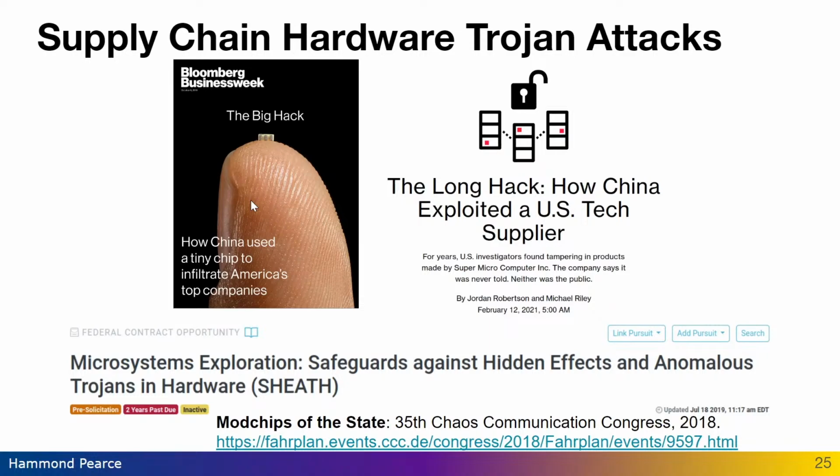And the claim was that a little chip this big had been surreptitiously added to a particular wire which provided the firmware, lots of steps, to the power management controller of the chip in such a way that when the motherboard turned on, the power firmware, which had been compromised, then proceeded to compromise the main firmware by doing some buffer overflow or something, and opening a network port so that remote people could access these machines.